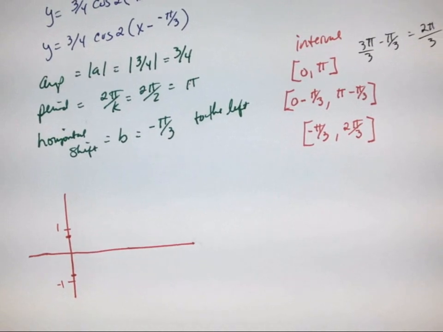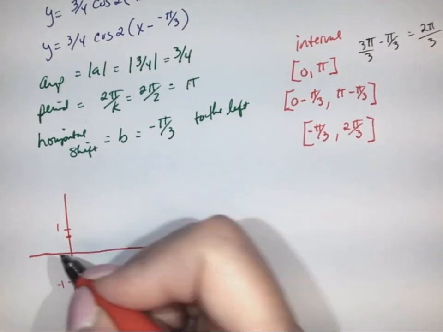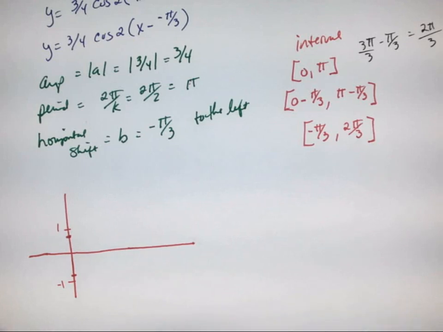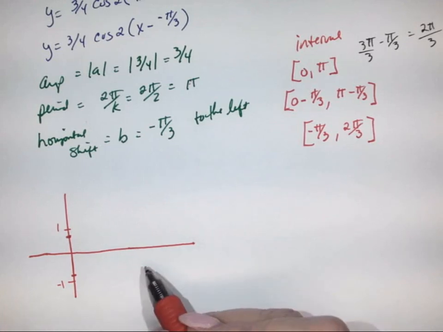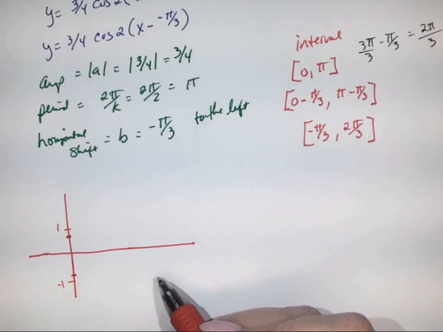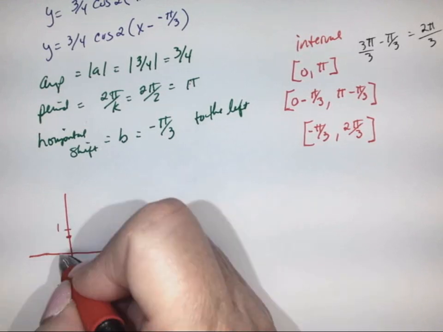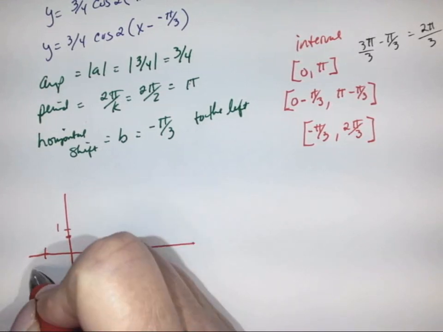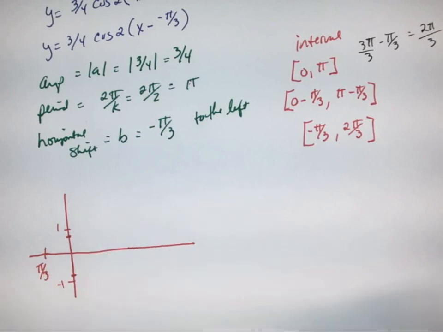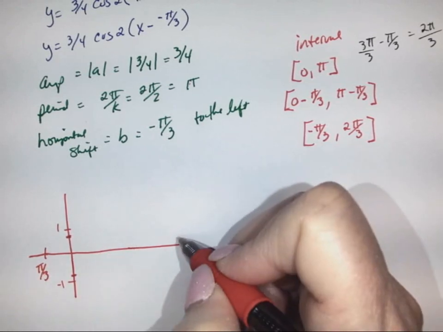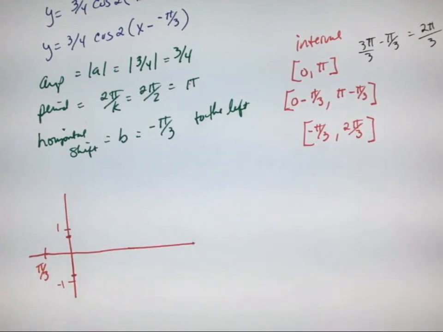All right, and I know that I have to be at pi over 3, and I'm going to land over here at 2 pi over 3. So over here we're going to be at pi over 3, and at the back end we're also going to be at 2 pi over 3.